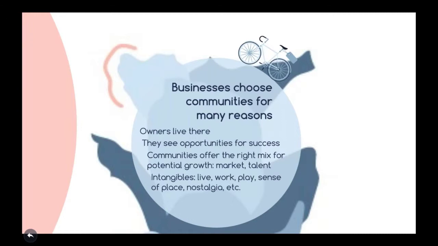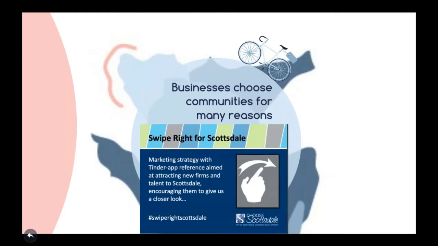And of course, there are the intangibles: the live, work, play, the sense of place, nostalgia, history, an area's beauty, proximity to activities outside of retail hours that are appealing to the business owners. We've seen a particularly creative attempt to capture that by Scottsdale in Arizona, their Swipe Right for Scottsdale, where they had a kind of Tinder app reference aimed at attracting new firms and talent to Scottsdale, especially millennials, who we know are a big part of the demographic in Scottsdale.